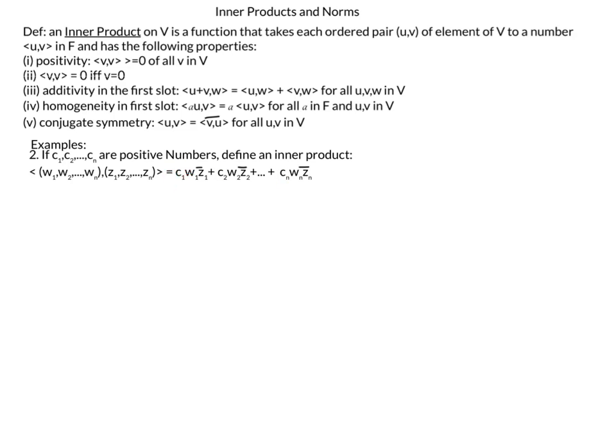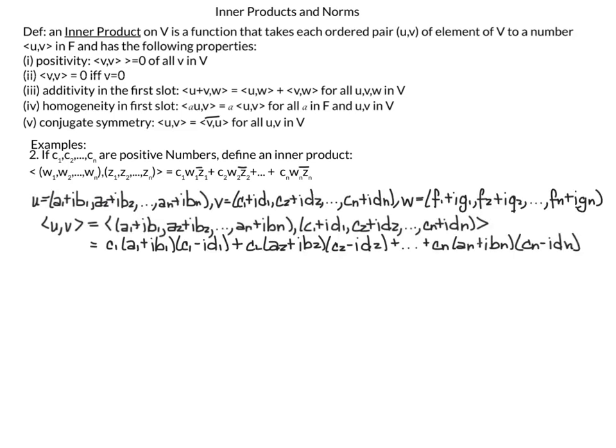I'm not going to do the whole problem of verifying all of these properties, but I will choose two of them to verify. And I'm also going to start by writing our arbitrary vectors u, v, and w, and defining what the inner product looks like with this definition here. So I'm going to have the inner product of u and v is equal to c1 times the first coordinate from u times the complex conjugate of the first coordinate from v.